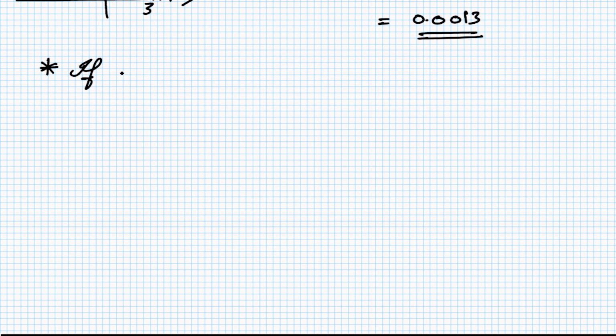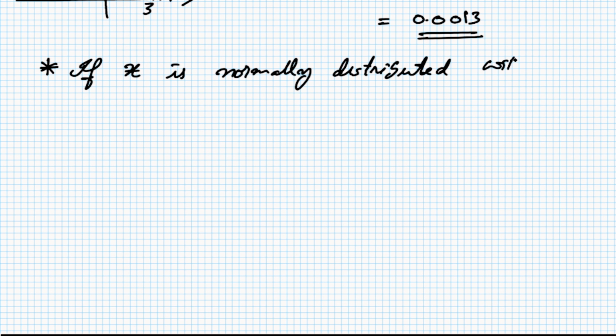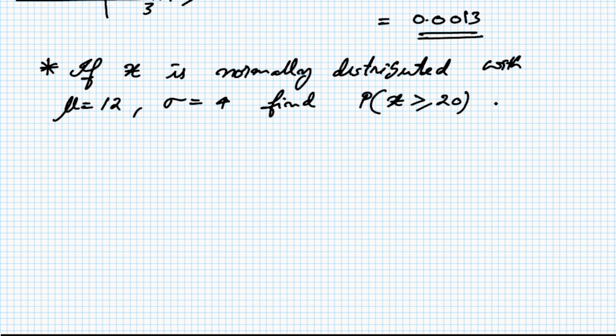It's a similar question. Please try to answer this. If X is normally distributed with mu equal to 12 and sigma equal to 4, find the probability that X is greater than or equal to 20, and the probability that X is lesser than or equal to 20.